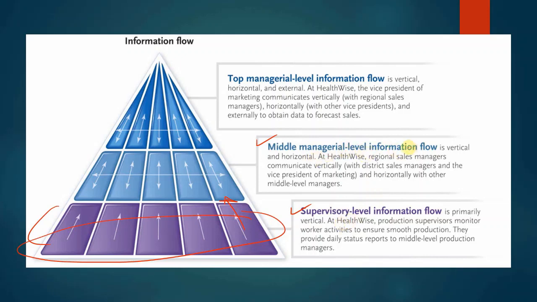Middle managers' information flow is vertical and horizontal, meaning they get information from the supervisors and they push it up. They can also get information from what we talked about earlier, the different functional categories or parts of an organization, such as accounting, research.